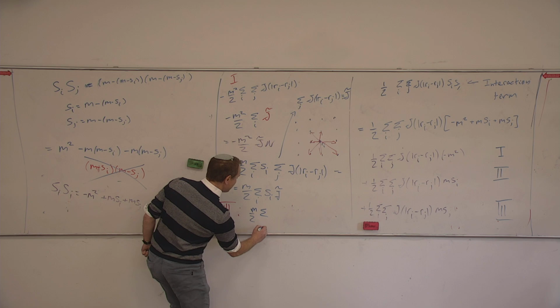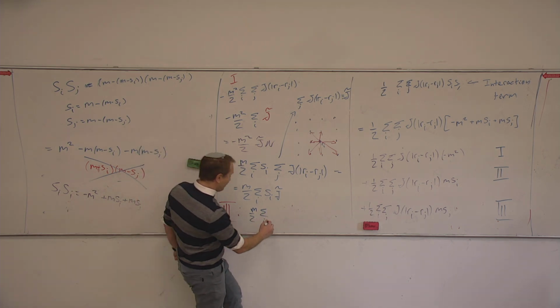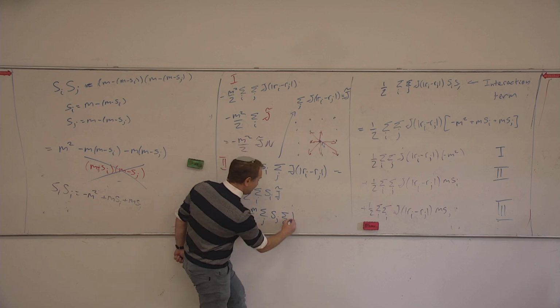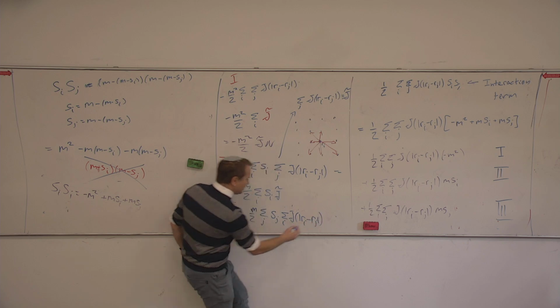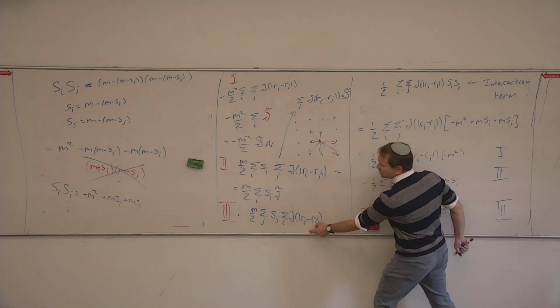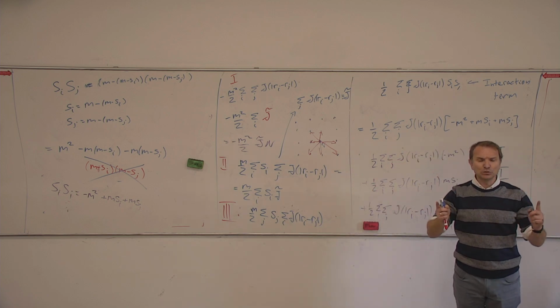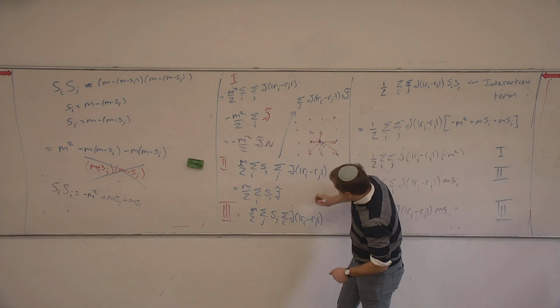So I have a sum over j of s_j, a summation of i, j, J|r_i - r_j|. Now, does it matter if I sum over i or over j? No, because it's the absolute value of r_i minus r_j. So this guy is the same as this guy.